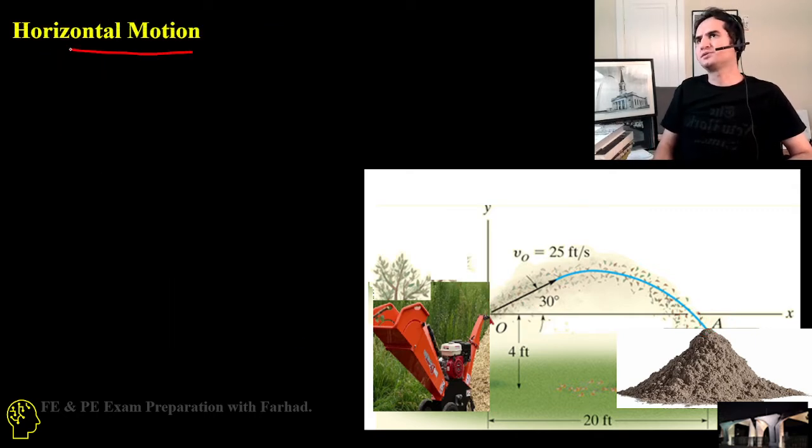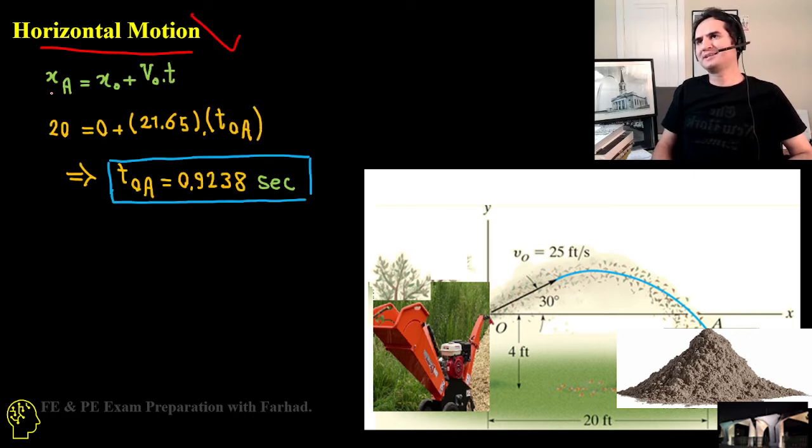So in the horizontal motion, we have xA equal to x naught plus v naught times travel time. We know the chipping machine is 20 feet in length apart from the chip pile. That x naught is at the origin, which is 0, plus v naught, which is definitely v naught x, because we are talking about the x direction.